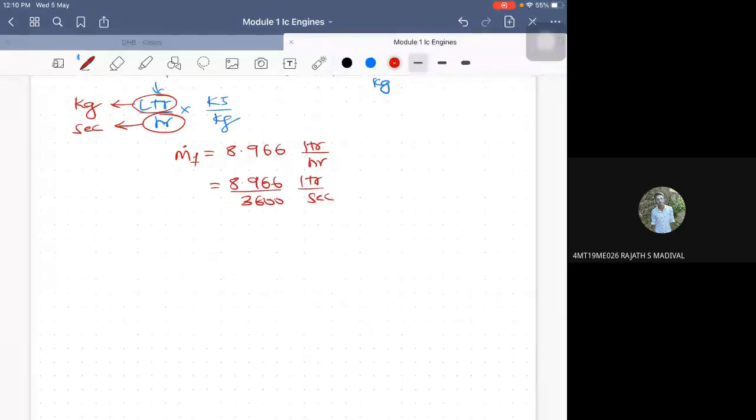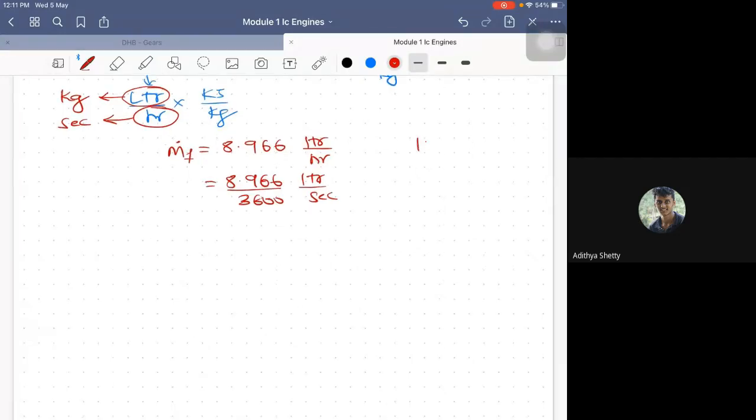Okay? Yes or no? Yes, sir. Okay. Now, what is 1 meter cube? In 1 meter cube, how many liters would be present? I already taught you in the class. 1000. Exactly.